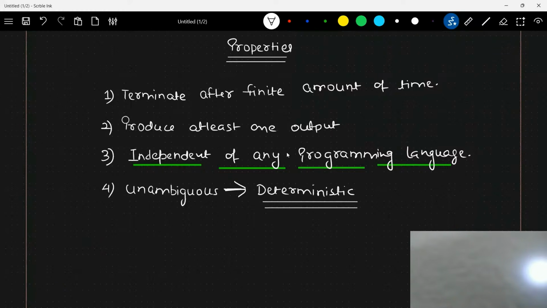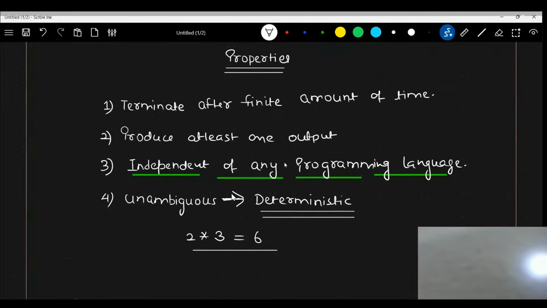The simple meaning is that for a given input, for example, you have written some code for multiplication of two numbers, and you are taking the numbers 2 and 3. Today you are getting the output as 6.